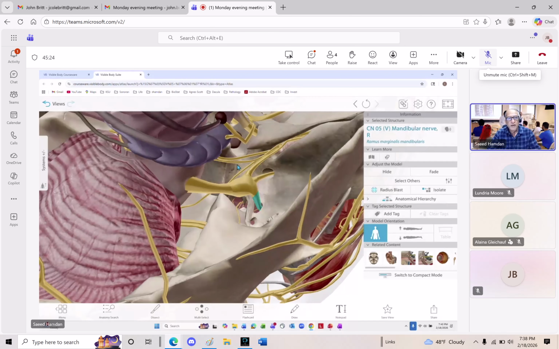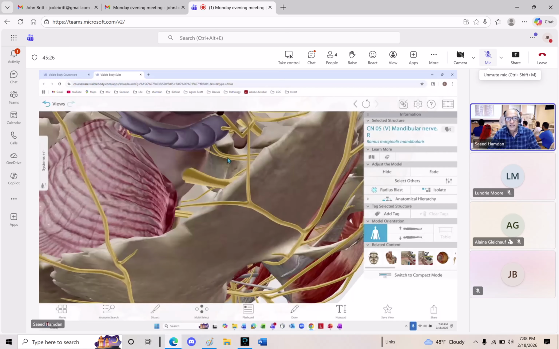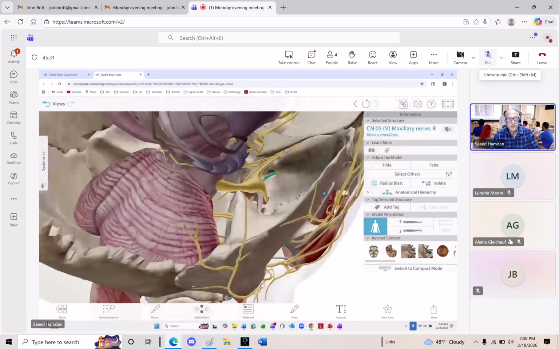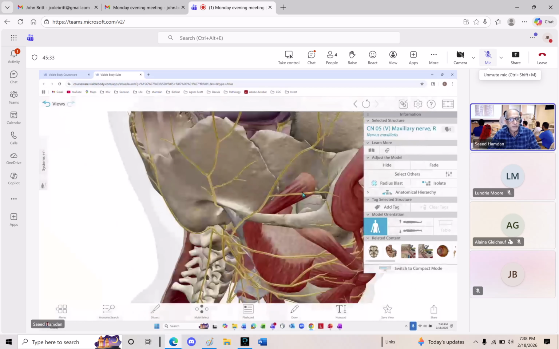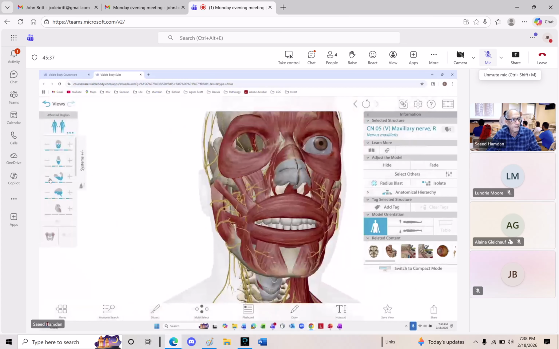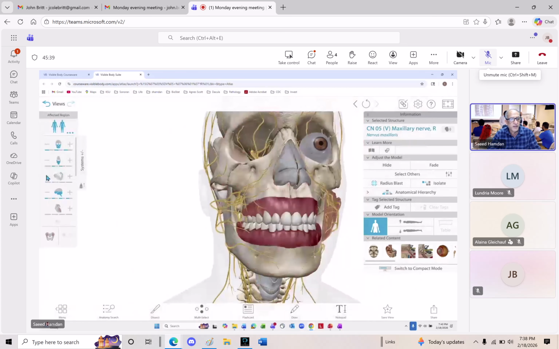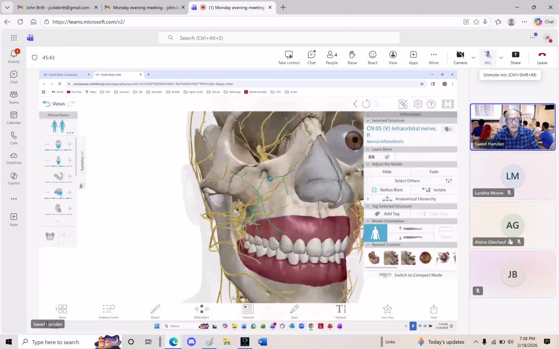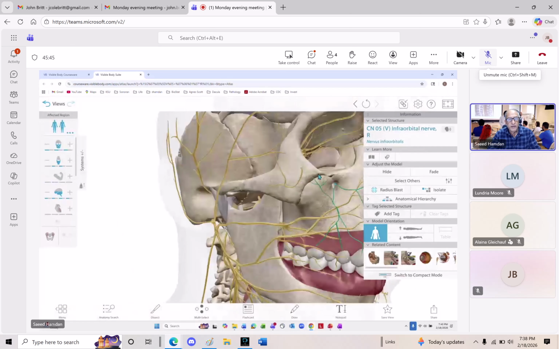Okay. Now the maxillary, another thing you want to remember about it, because it exits out. Oops, this has all the muscles. I'm going to remove the muscles, because it exits out from the infraorbital. See right there, that's the exit out from here.